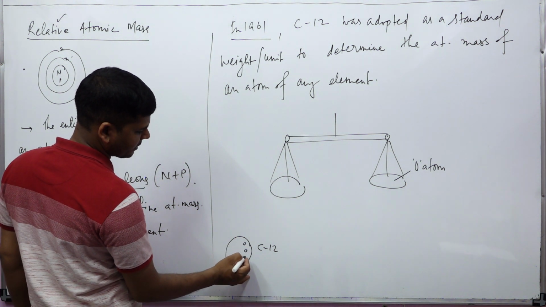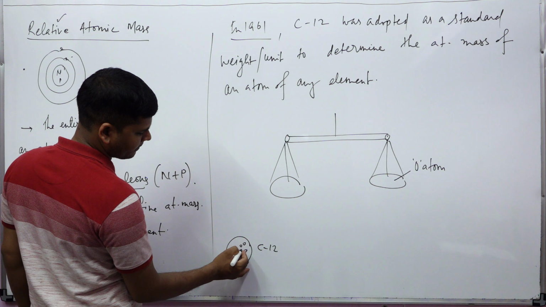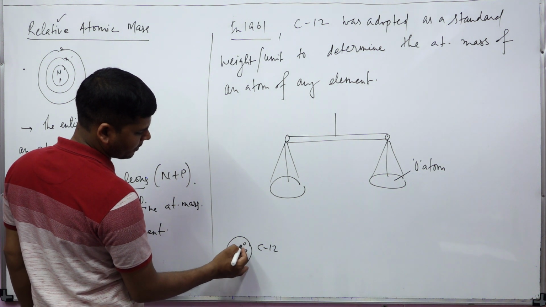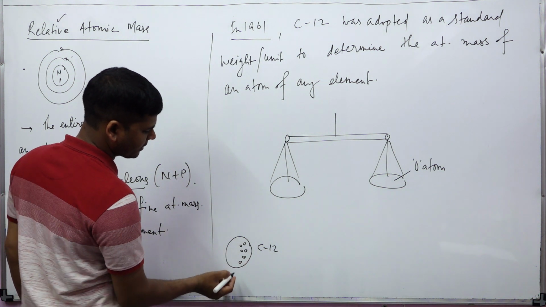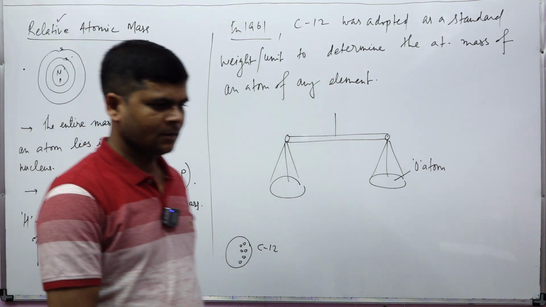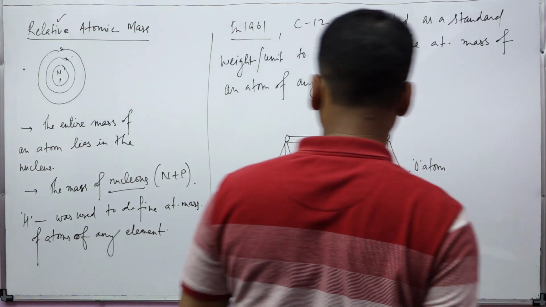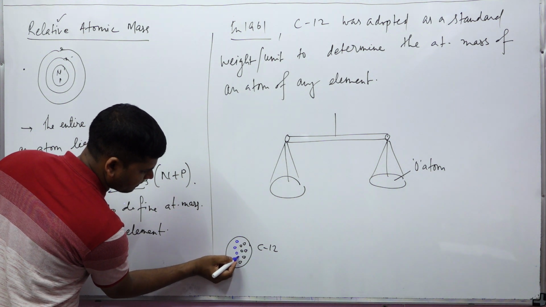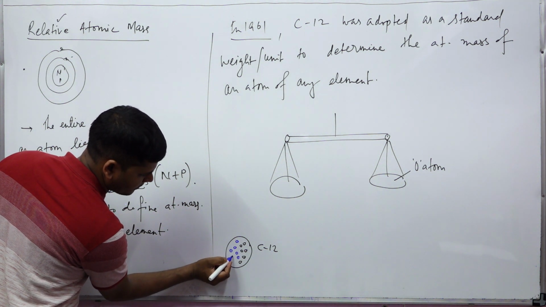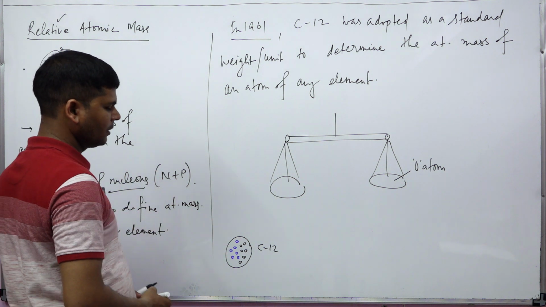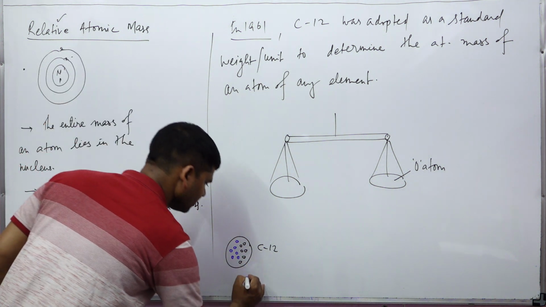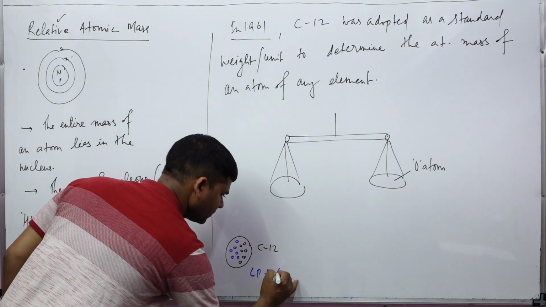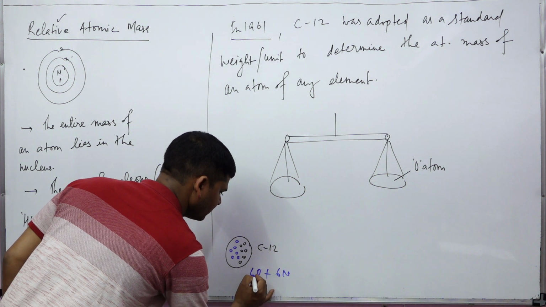It has 6 protons and 6 neutrons. Altogether, how many nucleons? 6 protons plus 6 neutrons we have.